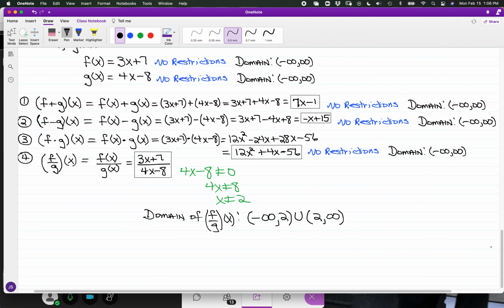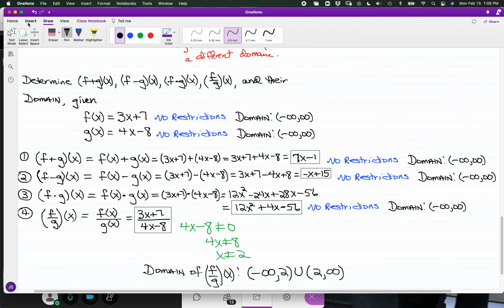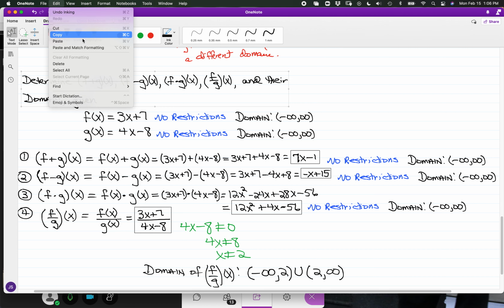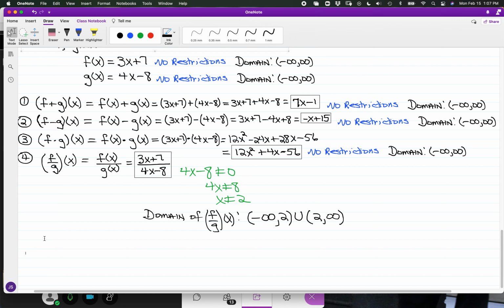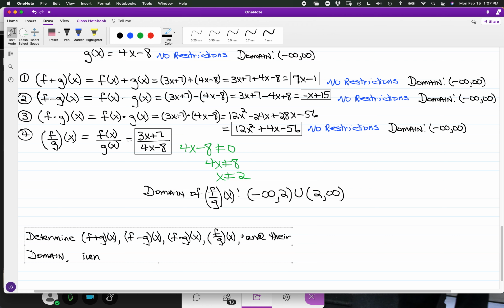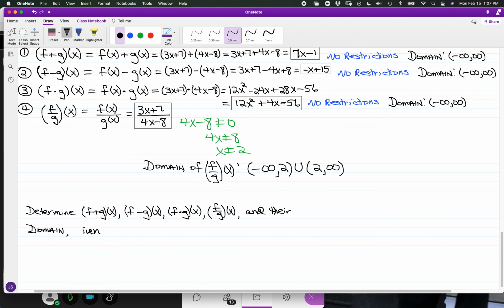All right, so we're looking at resulting operational functions and their domain, and we'll say that we have given f of x is equal to x squared plus 1, and g of x is equal to x squared minus 4.